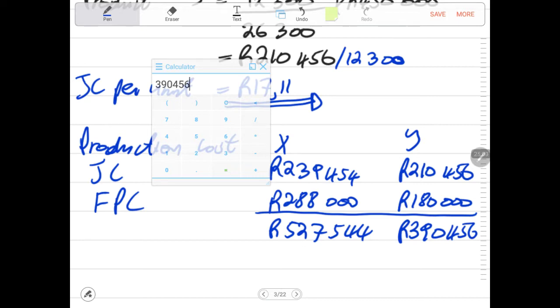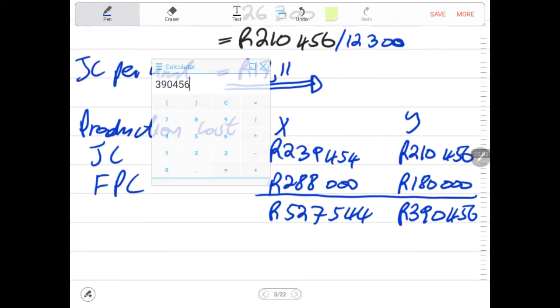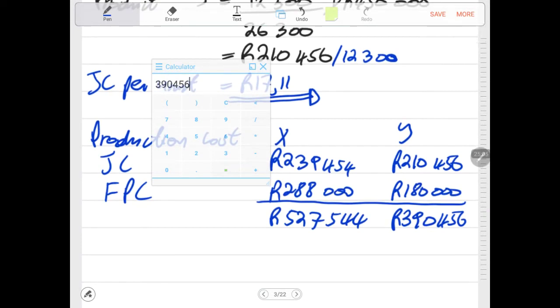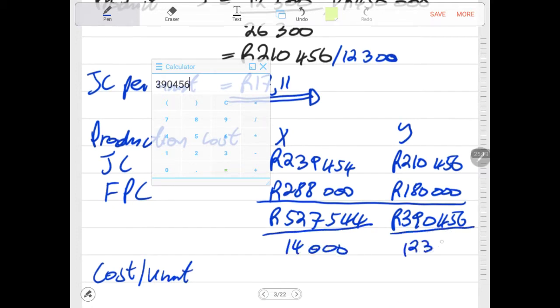Now that we have our total cost, we also need to know how to calculate our cost per unit. Cost per unit will be total cost divided by the number of units that were manufactured. That is why we are calculating this total cost. Divide this by 12,300. We get 31 rand 74 cents, and 527,544 divided by 14,000.